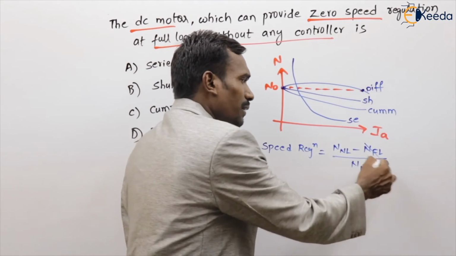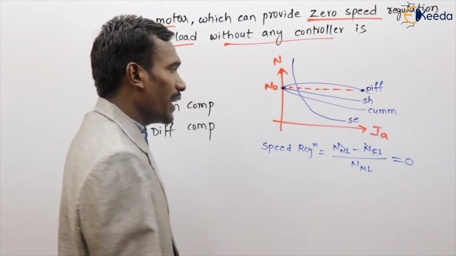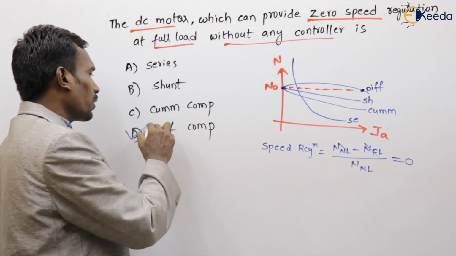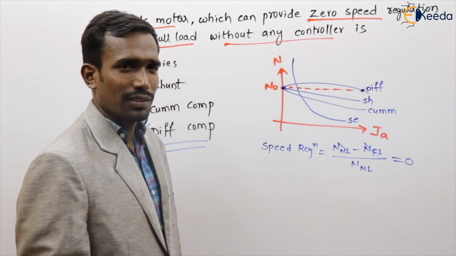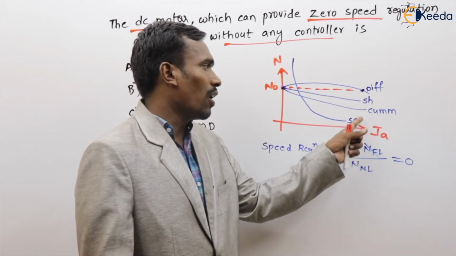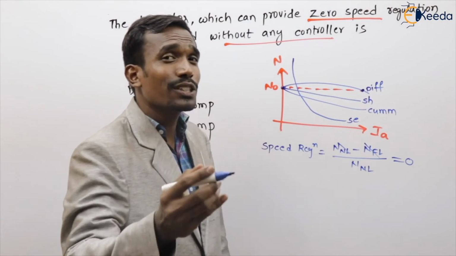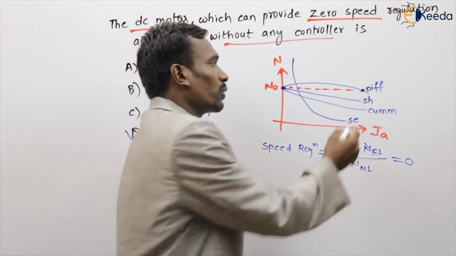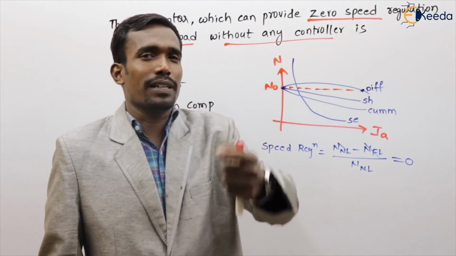If both are the same, they cancel out and speed regulation is 0. That's why 0 speed regulation is only possible in differential compound motors, and all the remaining ones generally have positive speed regulations. But only in a differential compound motor can we get 0 speed regulation.